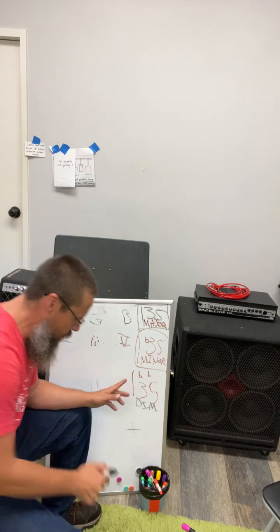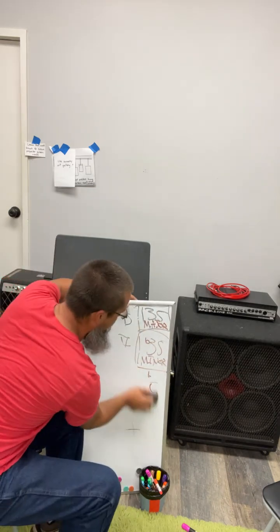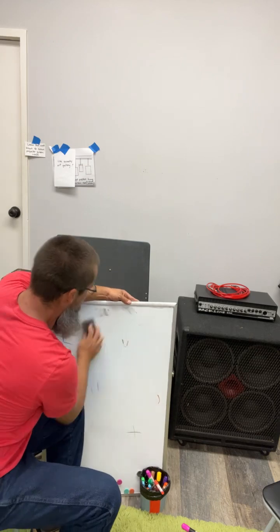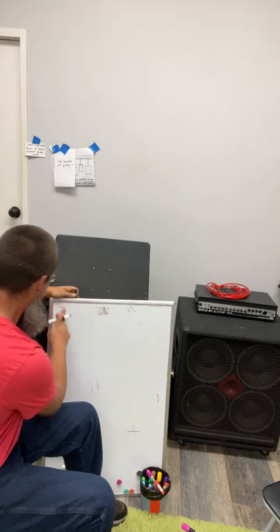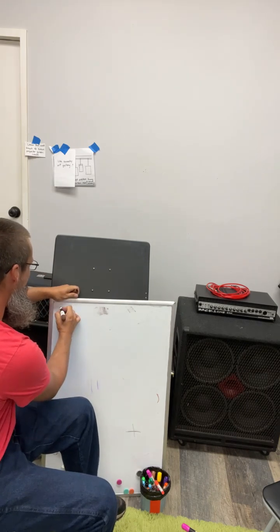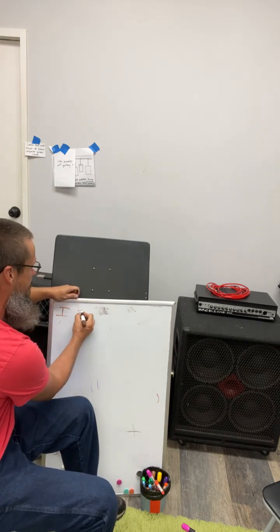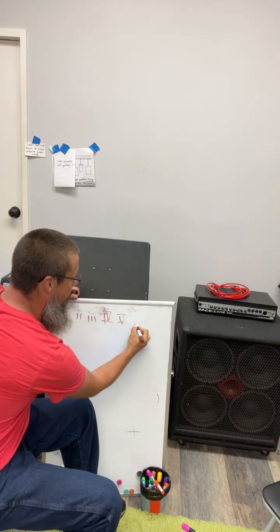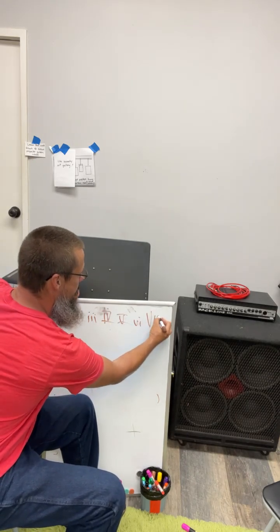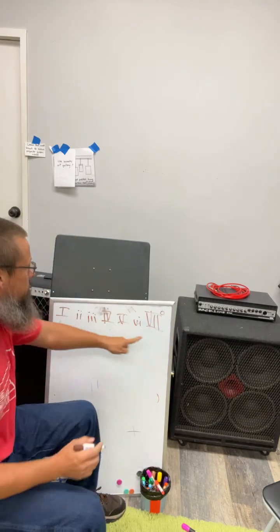Now the reason why this one is very exciting and very interesting to me as a teacher, a fulfiller of concepts, is that when we have a major 1, a minor 2, a minor 3, a major 4, a major 5, a minor 6, and then the magical diminished, this is the chord we're talking about.